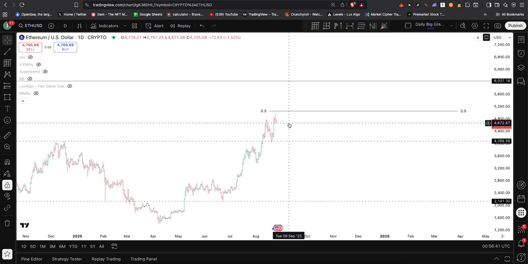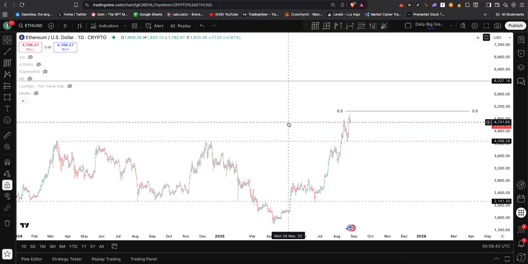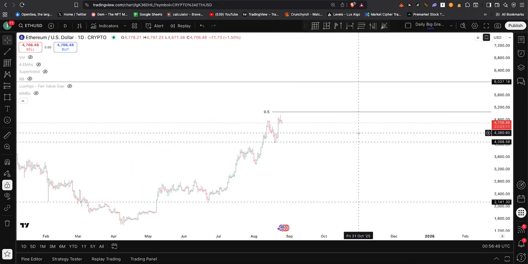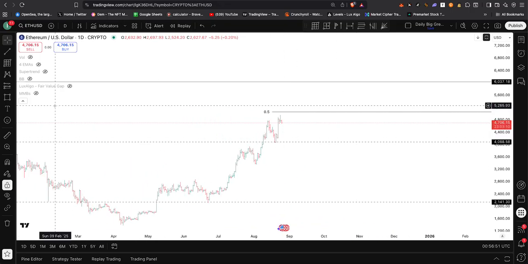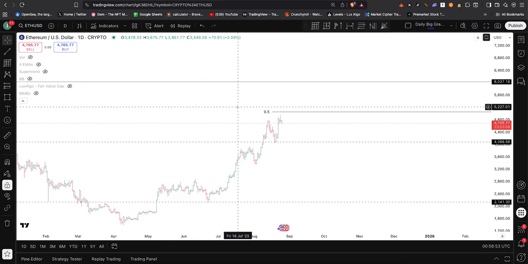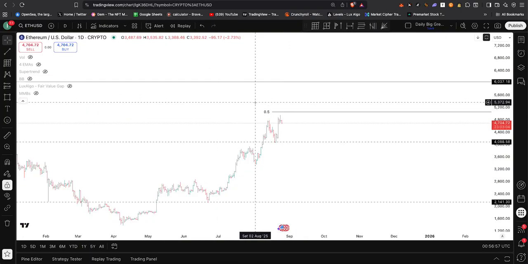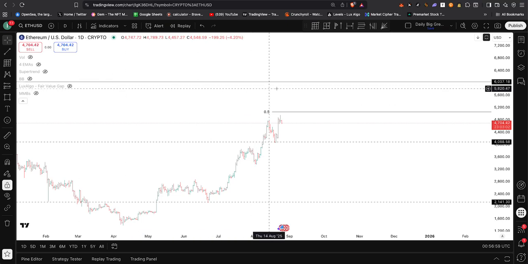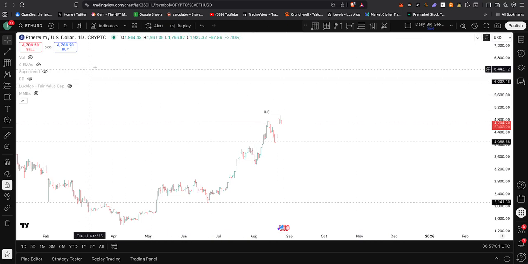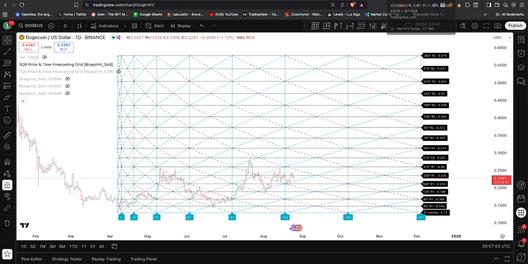So price action, right, and other forms of analysis, maybe like Gann, is more important, perhaps, so to say, than going solely just off of oscillators, right? So that is ETH. Now I'm going to look at Dogecoin.